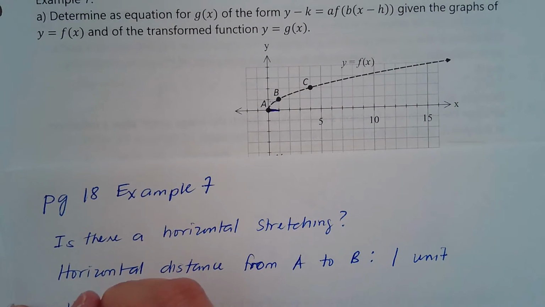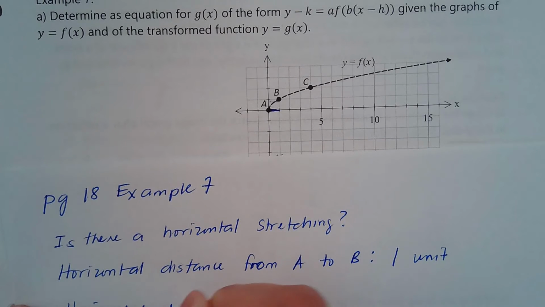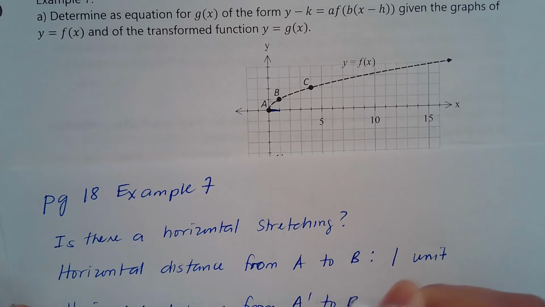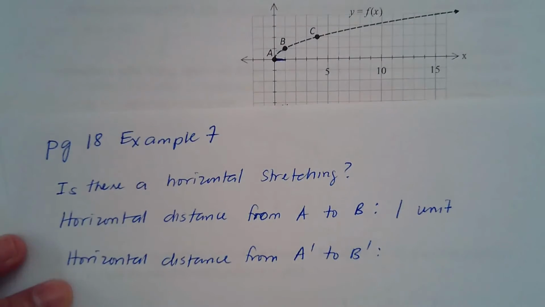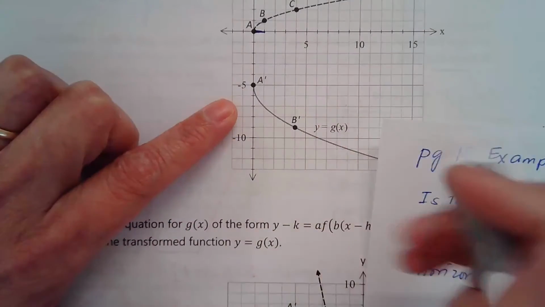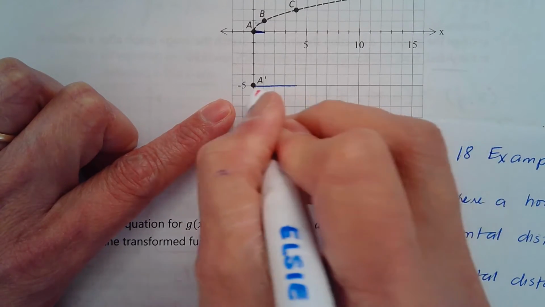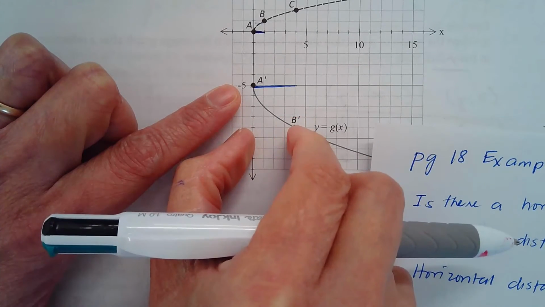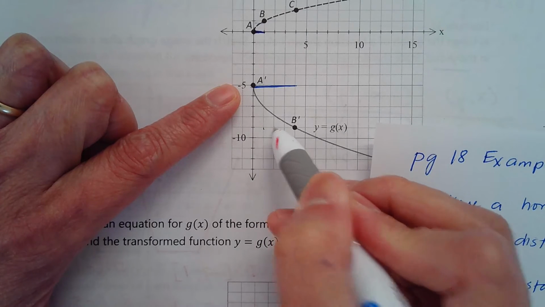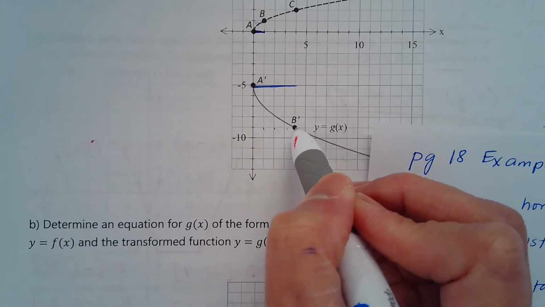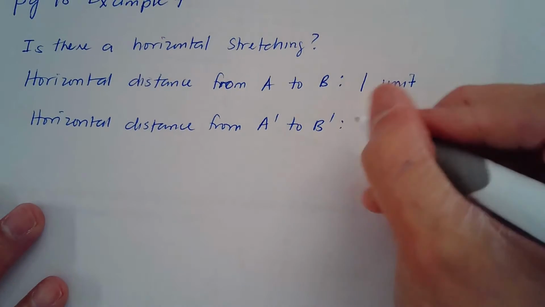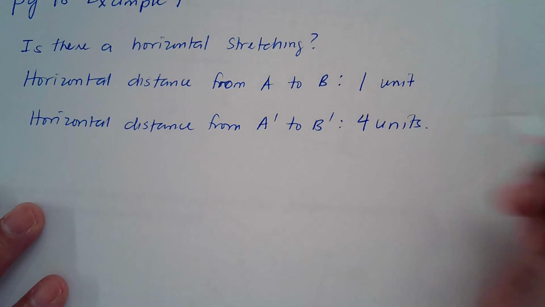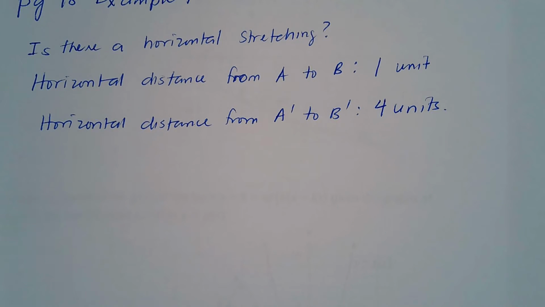Now let's take a look at the horizontal distance from A prime to B prime. How far are they horizontally? We're only doing horizontally, and now it's 1, 2, 3, 4. 4 units apart.